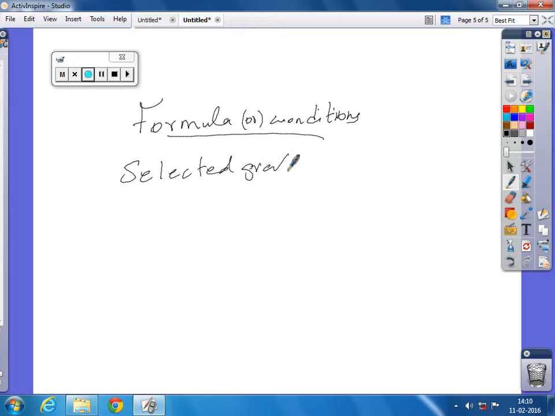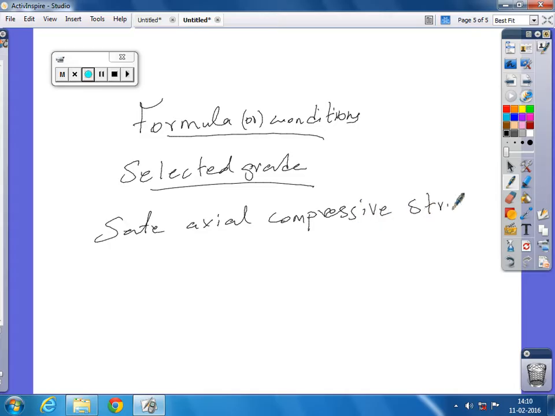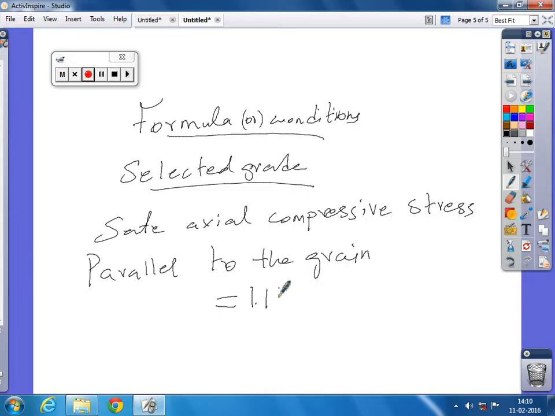For selected grade, safe axial compressive stress. First is what? Parallel or perpendicular? Parallel to the grain. It is 1.16 times the standard grade.